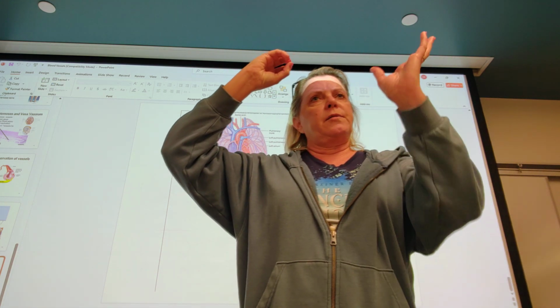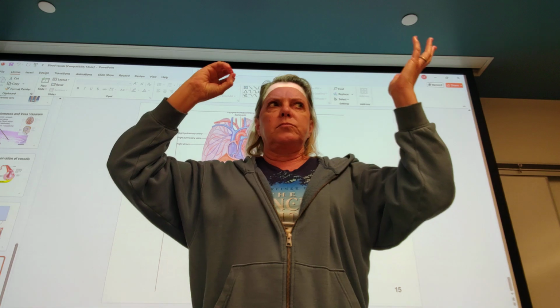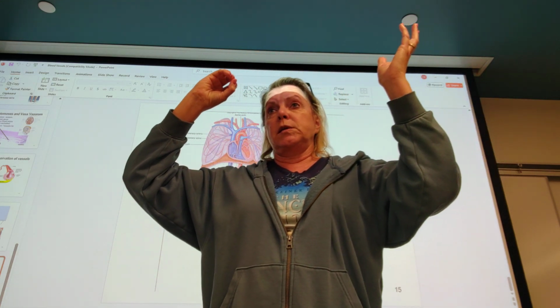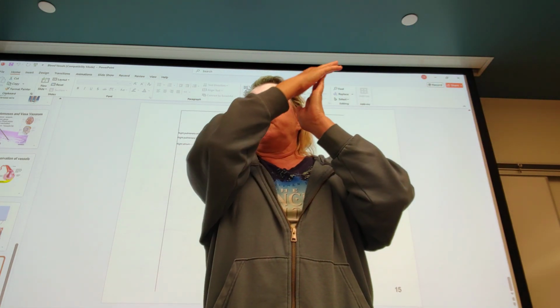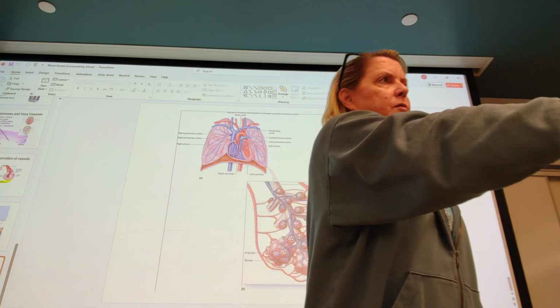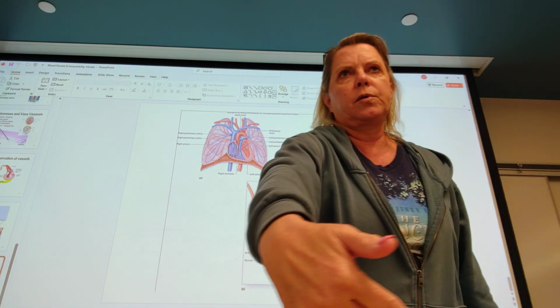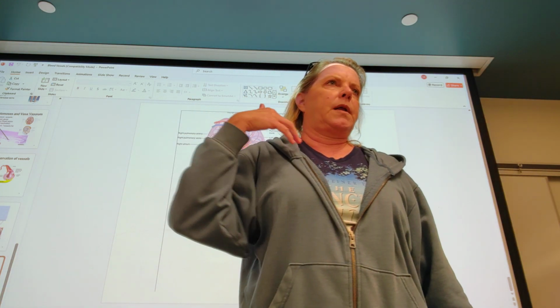Left ventricle generates a pressure of about 140. So we go from 140, and every vessel that we go through, the pressure drops and drops and drops until we get back to the right atrium, which is 0.